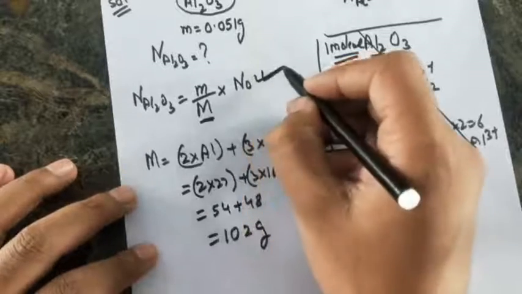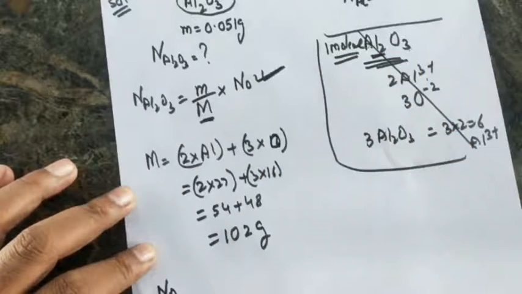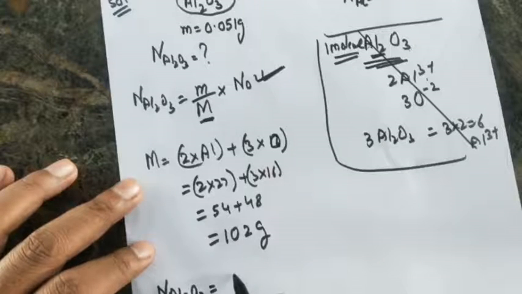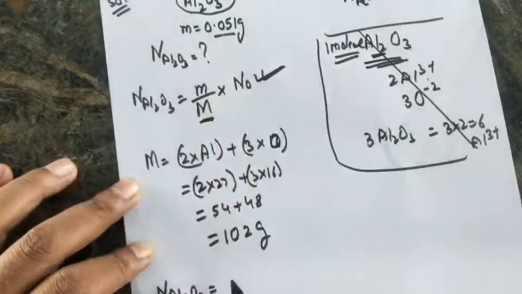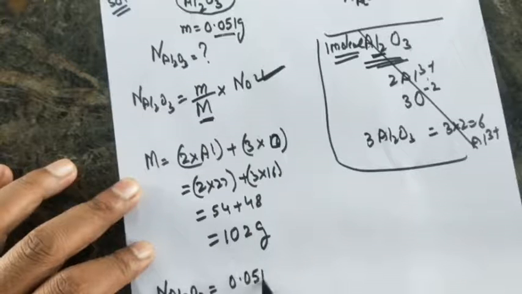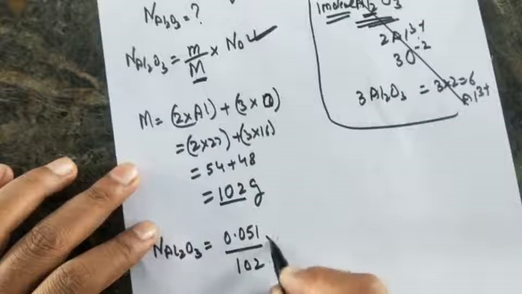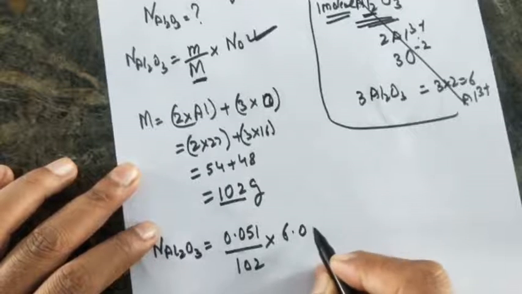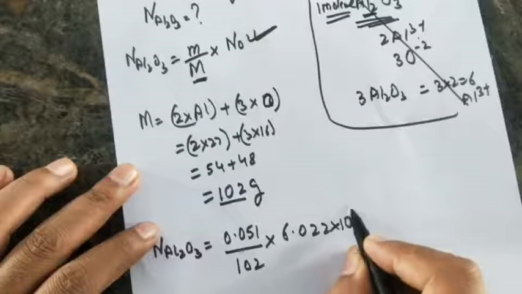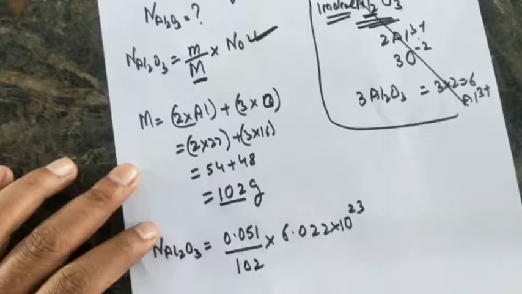So from this formula, number of Al2O3 molecules is equal to given mass 0.051 grams divided by molar mass, that is 102, into Avogadro's number 6.022 into 10 raised to 23.